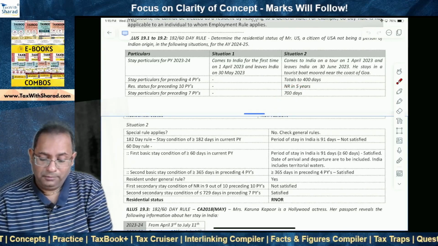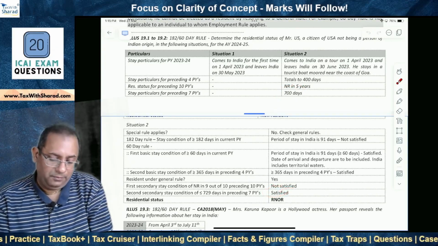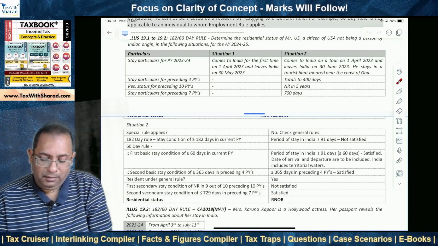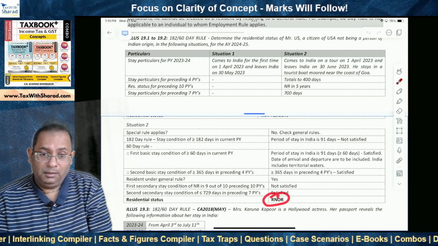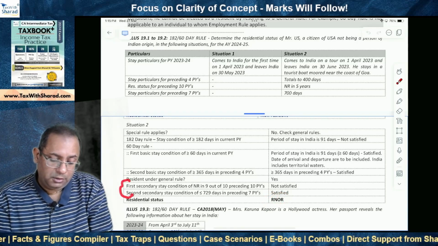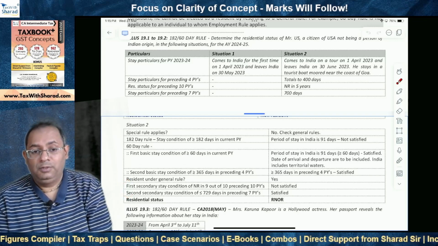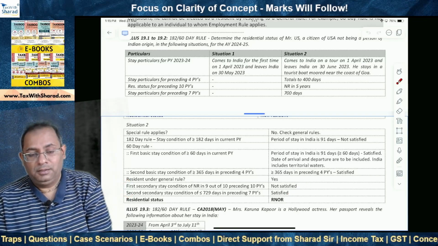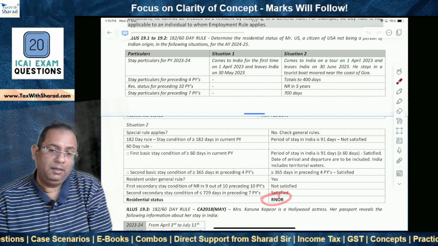So this is satisfied. So one of the twin secondary stay conditions is satisfied, and therefore the person will not be ROR, the person will be RNOR. Only if none of these conditions was satisfied, then Mr. US could be said to be ROR. But since one of these twin conditions is satisfied, Mr. US will be said to be RNOR.